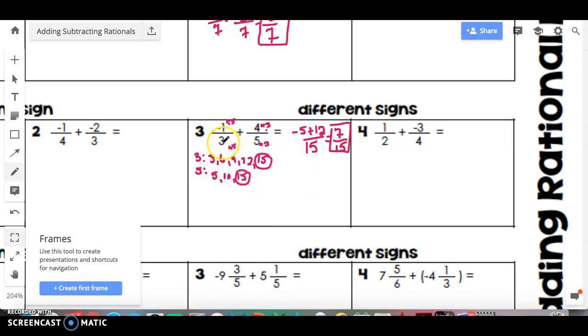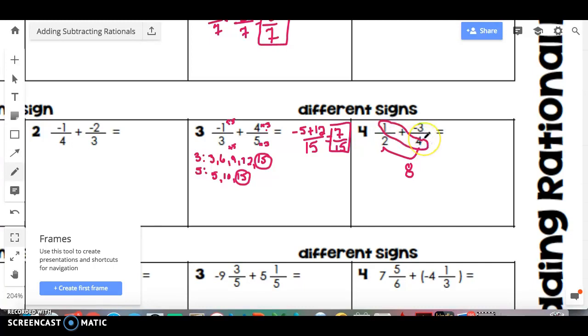The other way you can find a common denominator, I'll show you over here, is to multiply the two denominators together, and you get 8. Right? 2 times 4 is 8. And then you can cross multiply to write an equivalent fraction.